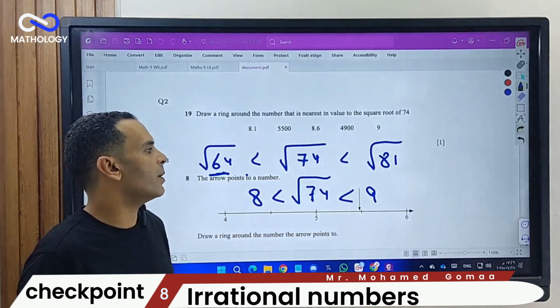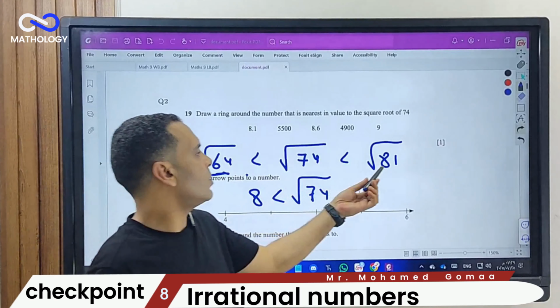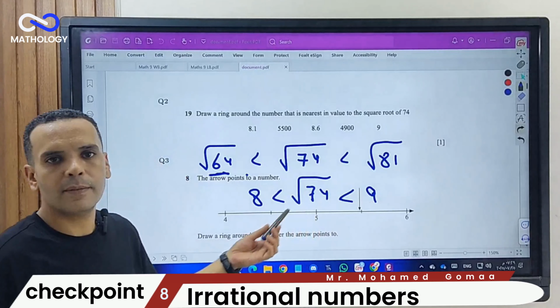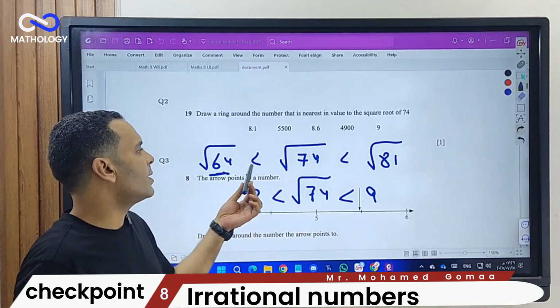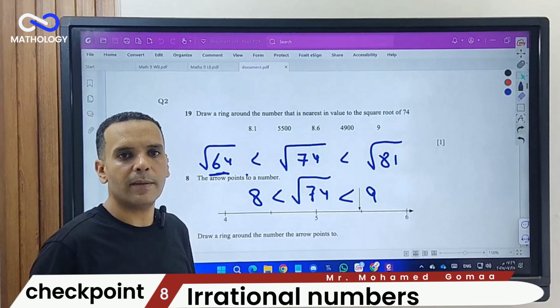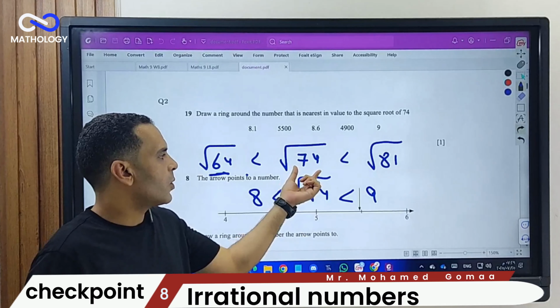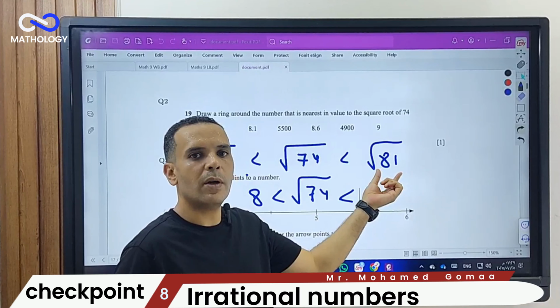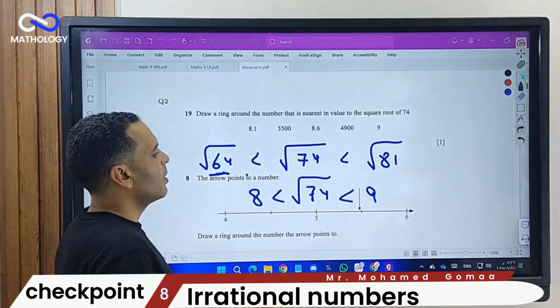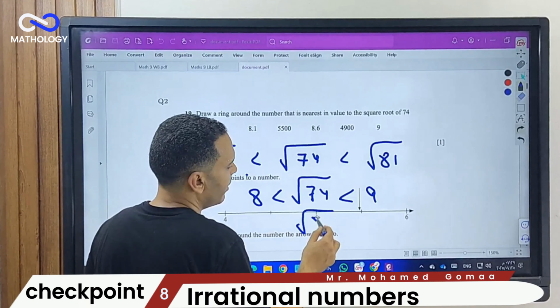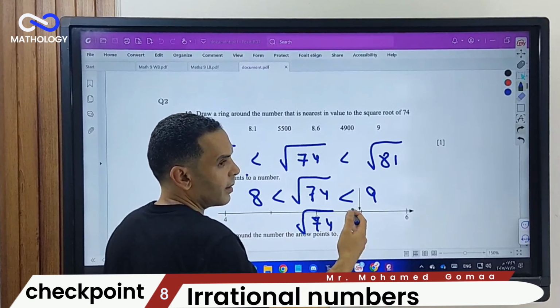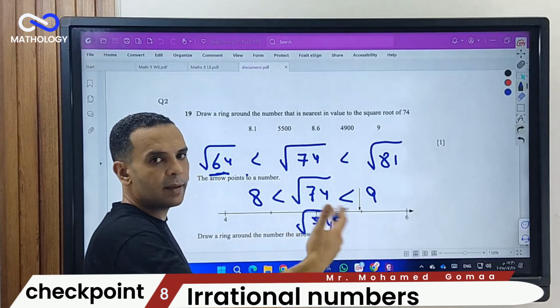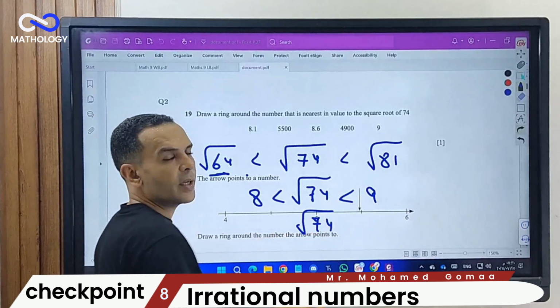64 or 81? Between 74 and 81, it is 7. Between 64 and 74, it is 10. So the square root of 74 is nearest to the square root of 81. So it will be after the middle way between 8 and 9, greater than 8.5, because it is nearest to 81.